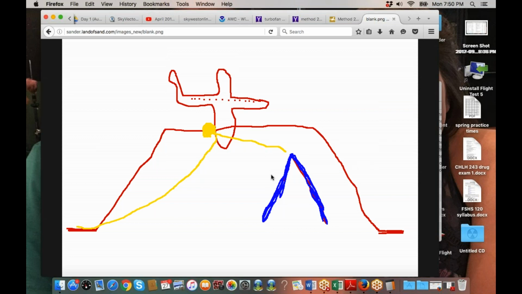So what happens here is there's going to be a point, and if we have engine failure on this side of the point, we go to a specified alternate.